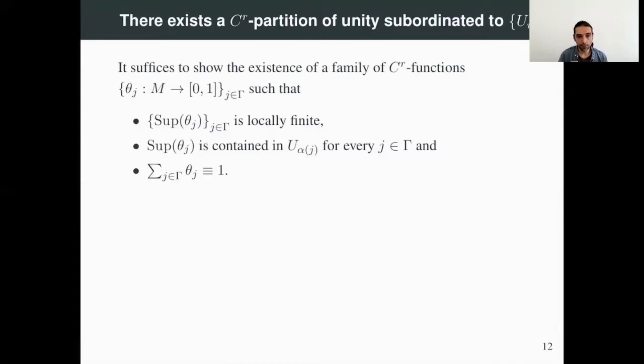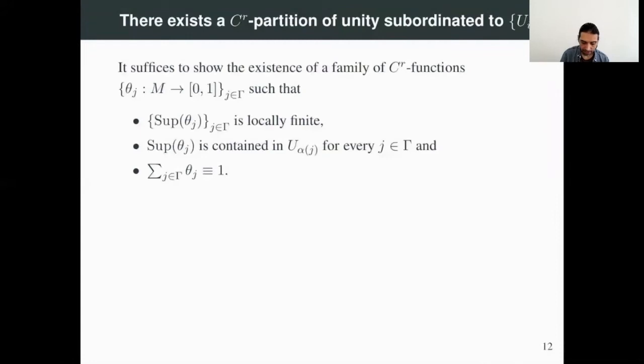Okay, we want to find a partition of unity subordinated to an open cover. And in our definition, the functions, the theta i's, have supports contained in U_i. Let's relax the definition a little bit.